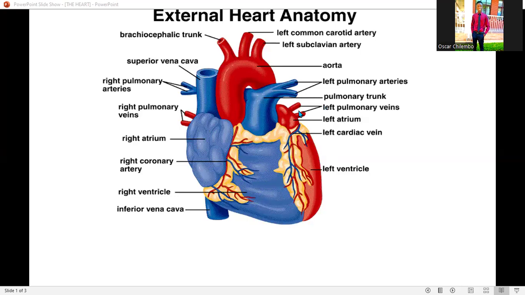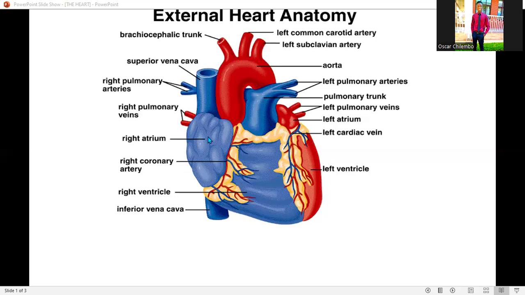Okay, from there, we must know to say that the dual circulation of the heart is, number one, the pulmonary circulation, which is specifically involved with the deoxygenated blood. Okay, this blood has been used up by the body system and body tissues. What do we want? We want this blood to be purified. That is the right side of the heart.